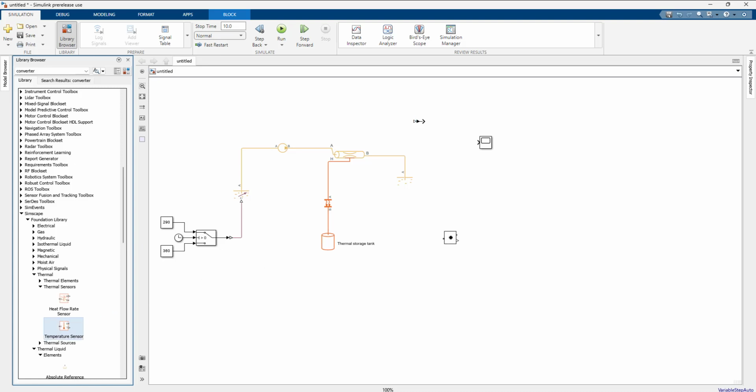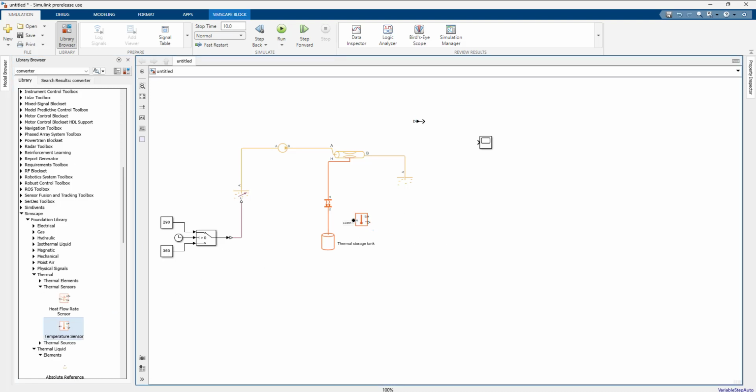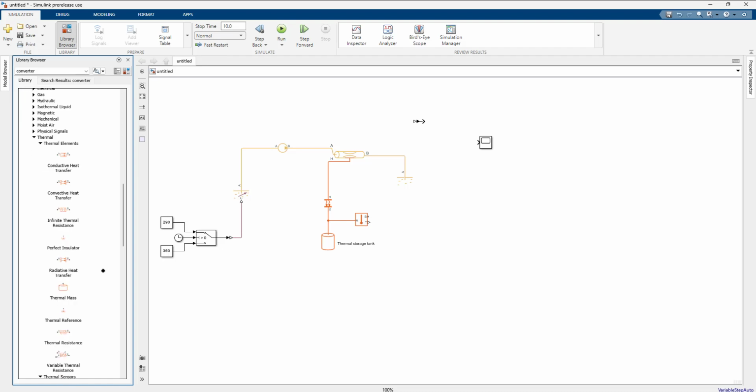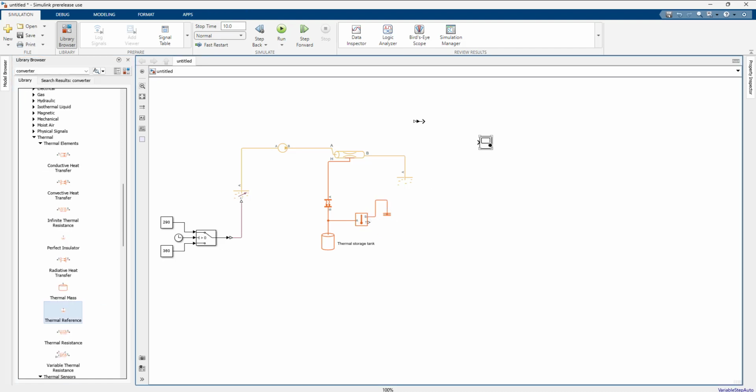So I use the temperature sensor and I connect this to here, and the other one should be connected to this one, and I use the converter and then a scope to actually see the temperature of my thermal storage tank.